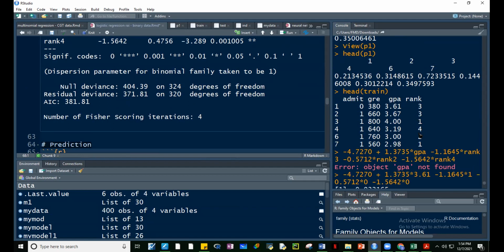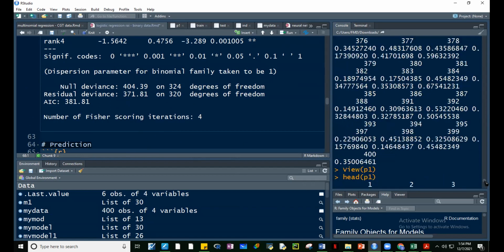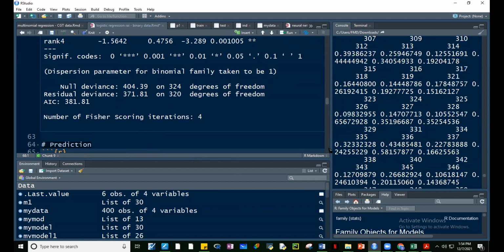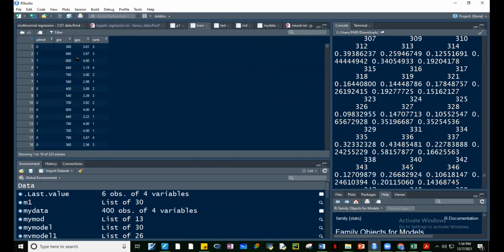Dapat test data yung tinitingnan natin kasi ang ni-run natin, guys, yung test data. I'm sorry, guys. Okay, dito na lang, no? Ang GPA natin, test pala, test data, GPA is 2.93 at saka rank 4 siya.